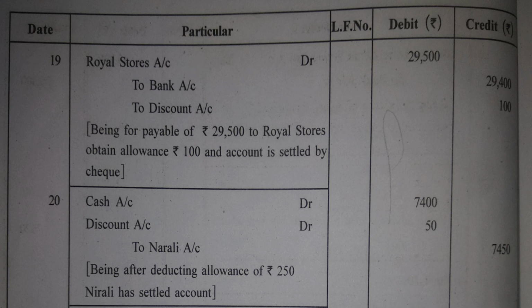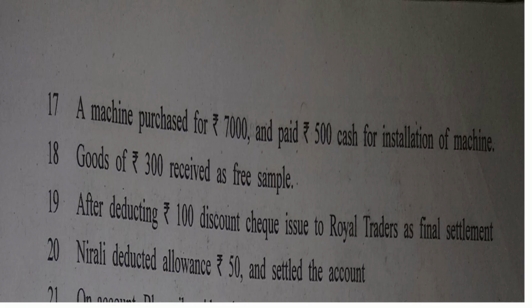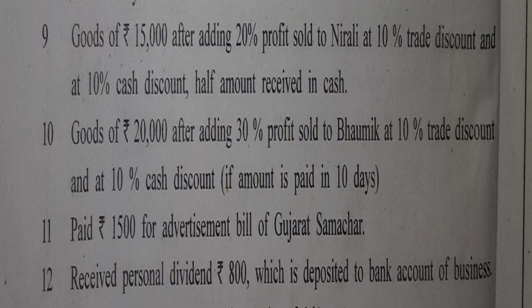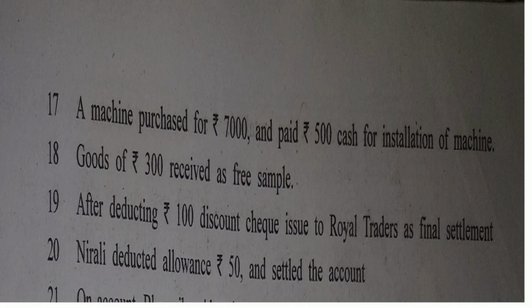Fine. So moving ahead, on 20th of August, Nirali deducted allowance rupees 50 and settled the account. Now Nirali is your debtor. You have sold goods to Nirali on 9th of August. On page number 84, you will see this journal entry that I have explained in the previous lecture itself.